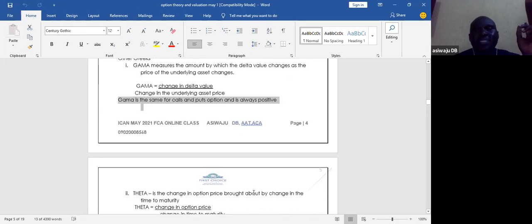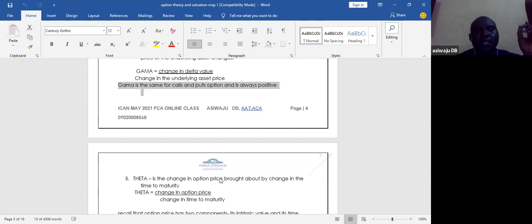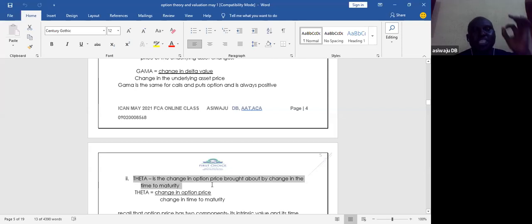Now let's look at the next Greek. We have theta. Theta is the change in the price of an option, the change in option price brought about by change in time to maturity.